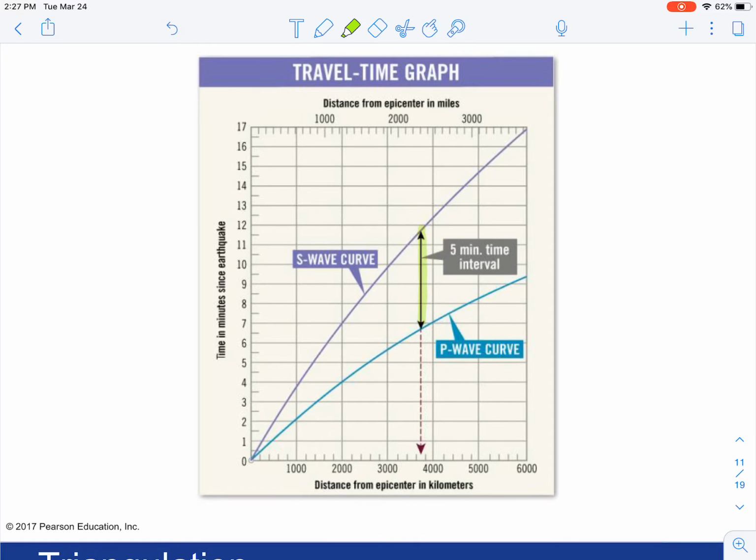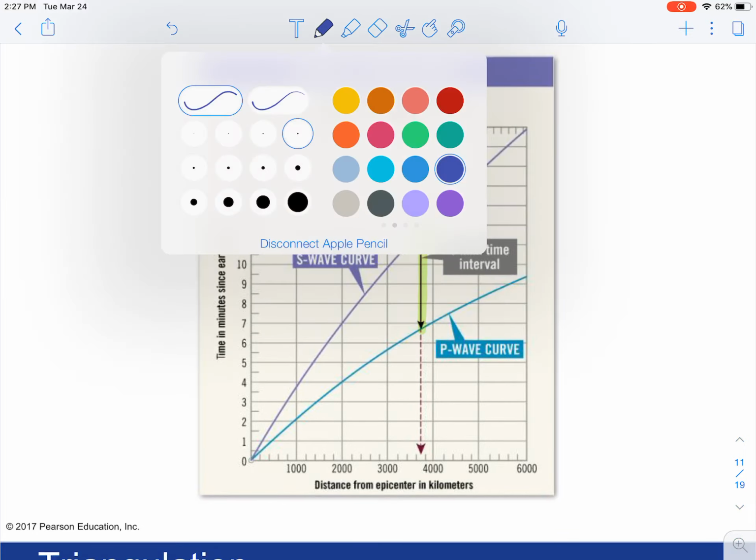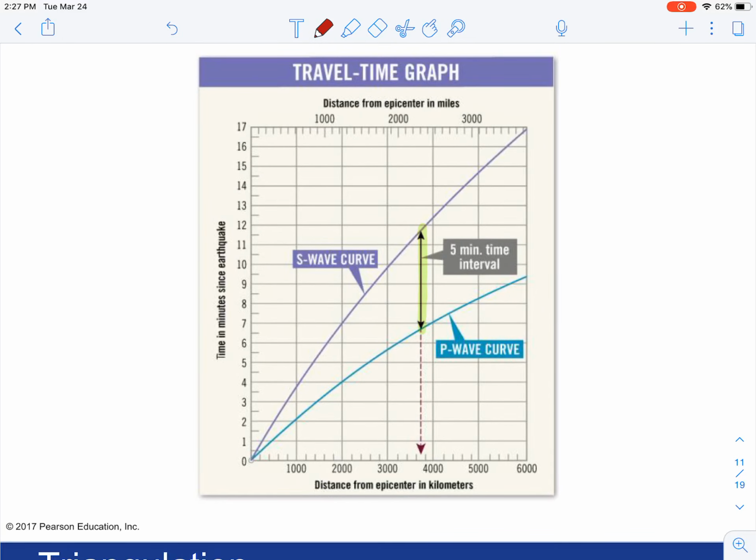So check it out. We're looking at this. So this would be an example of the travel time or lag time for New York City. Right? So New York City, New York is located, according to this graph, approximately 3,700 kilometers from the earthquake epicenter.